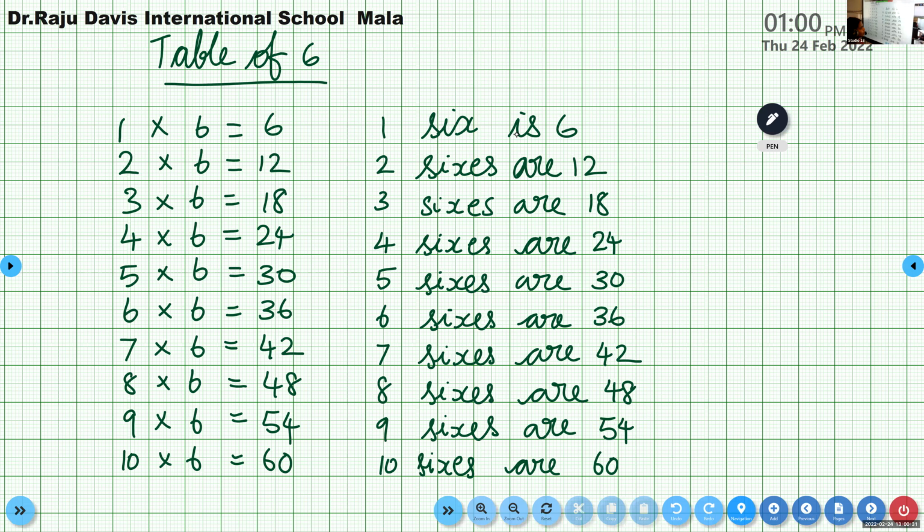Is it 45 or 54? 54. 10 into 6, 16. Okay.